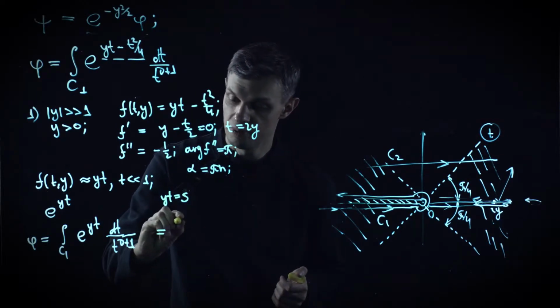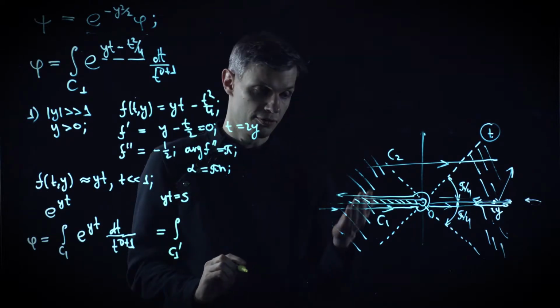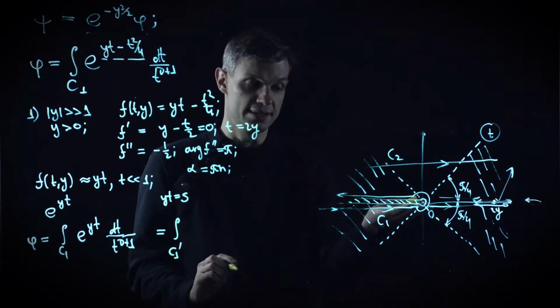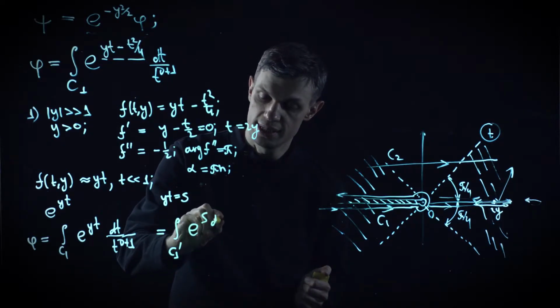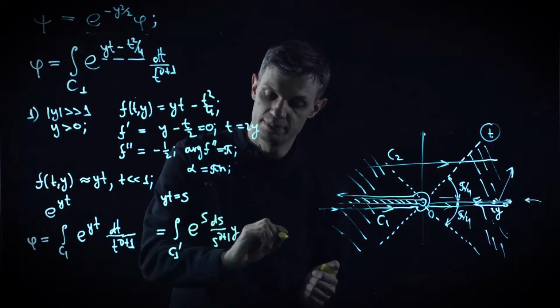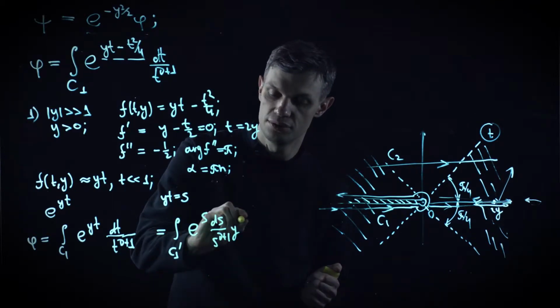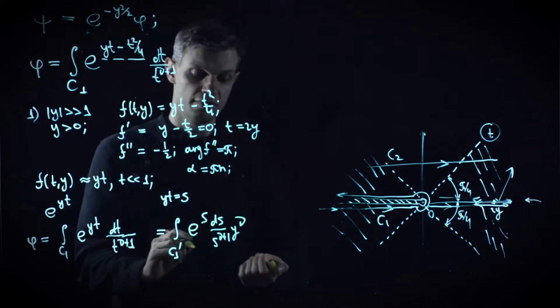And once you perform the rescaling, let's call this contour C1 prime. Of course, it will be basically the same contour. And it will be just e to s ds over s to nu plus 1 multiplied by y to nu. And this is nothing but the Hankel representation of the gamma function.